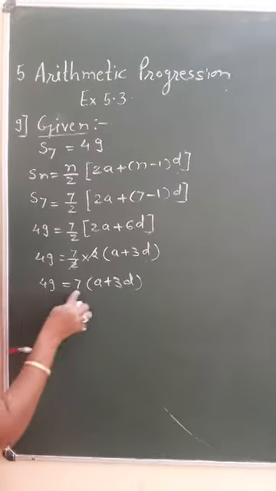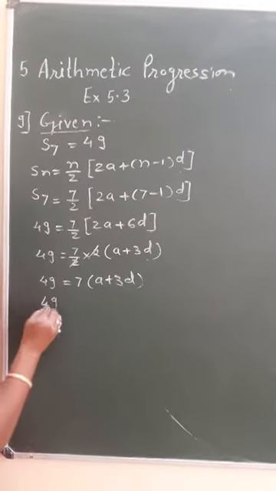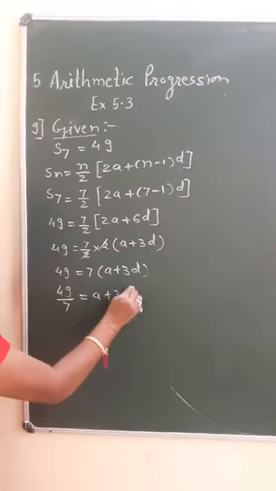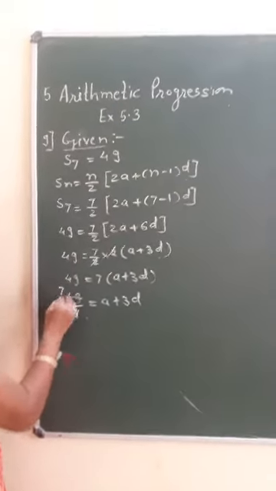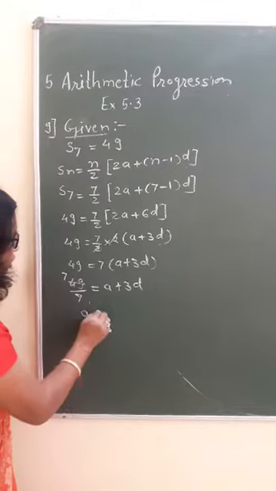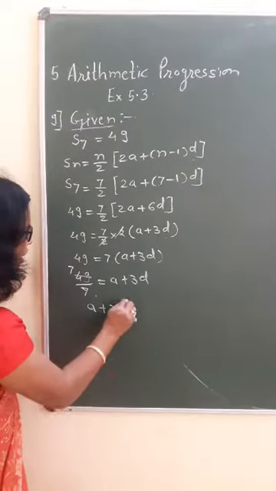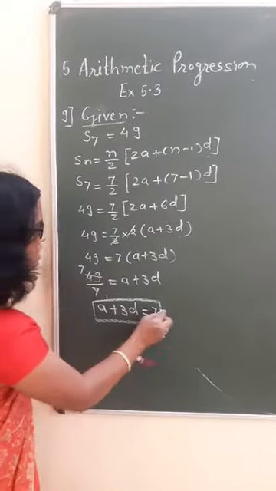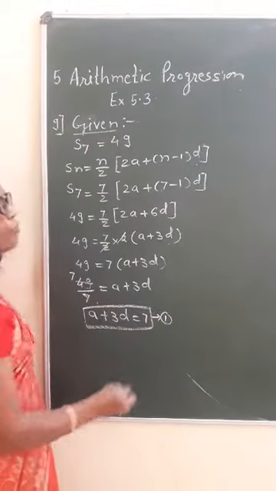Now 7 is multiplication, so we shift it: 49 divided by 7 is equal to a plus 3d. And 49 divided by 7 is 7. So we got the first equation, a plus 3d is equal to 7. We will call this equation 1, right?